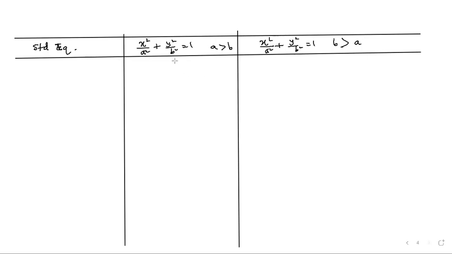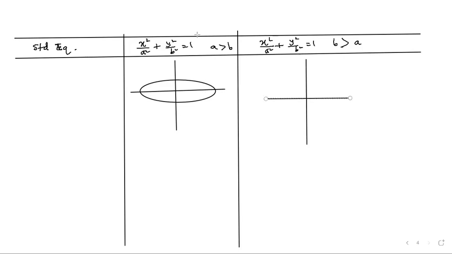Diagram for this will be like this. Axis, and diagram for this will be, since b is greater than a, naturally like this. Understood?